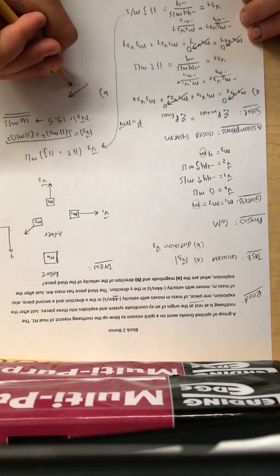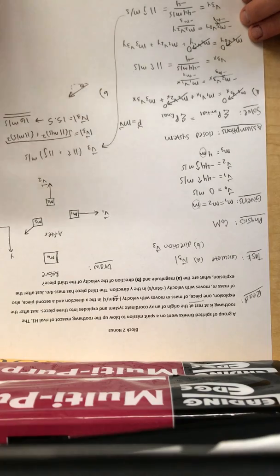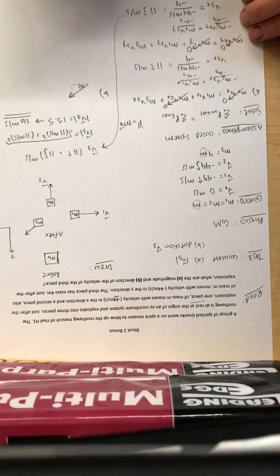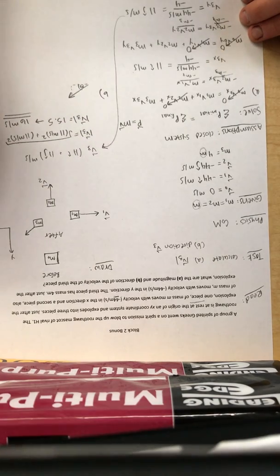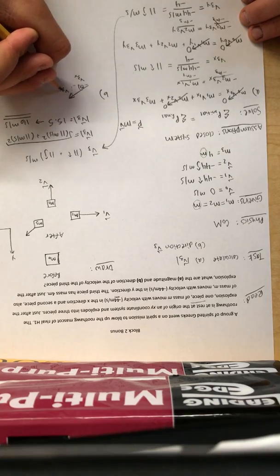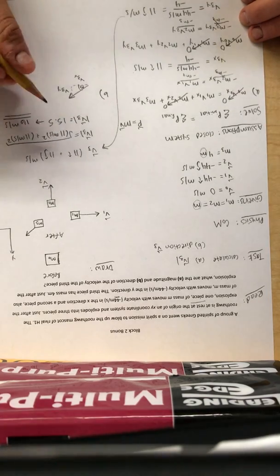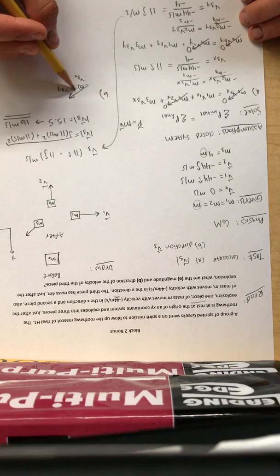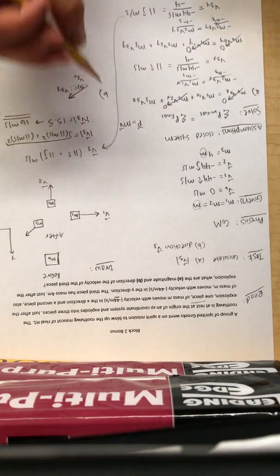So this will be our theta, and we're going to use trig to solve this. We have our axes here, this is v3x and v3y. So we know both of these. We solved for them right here.